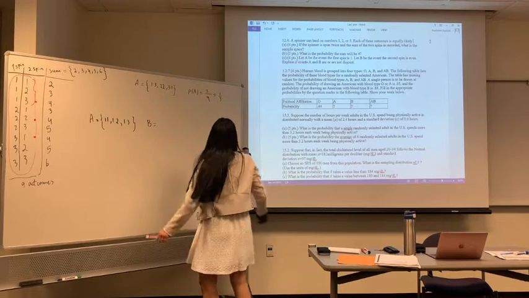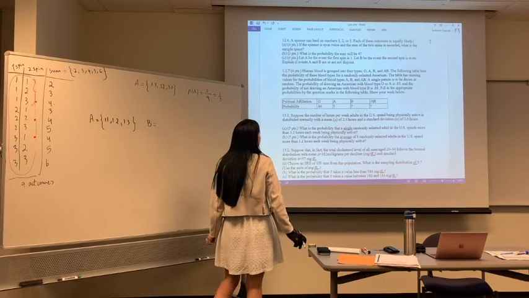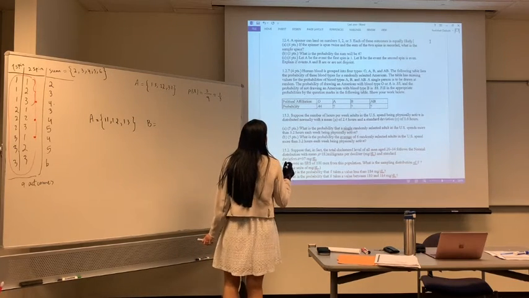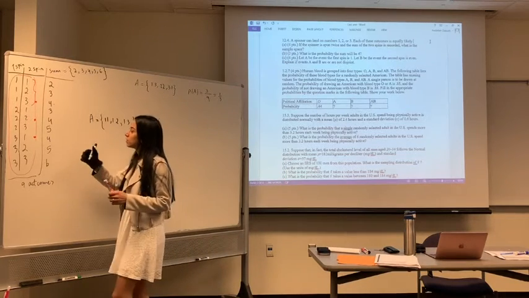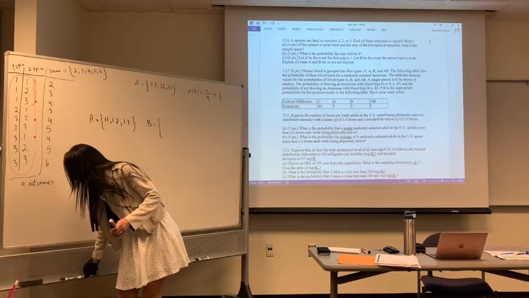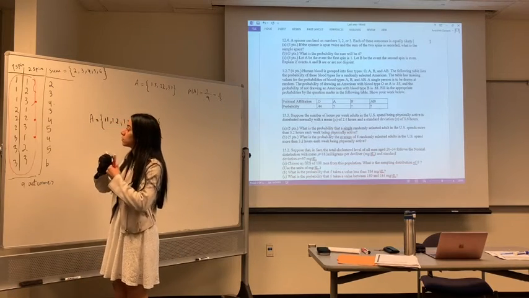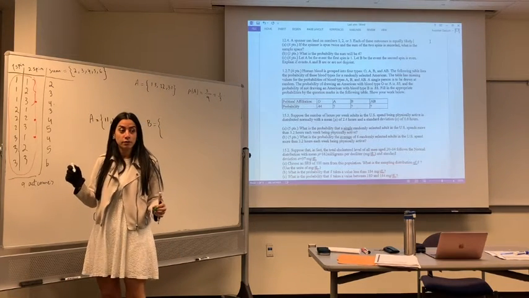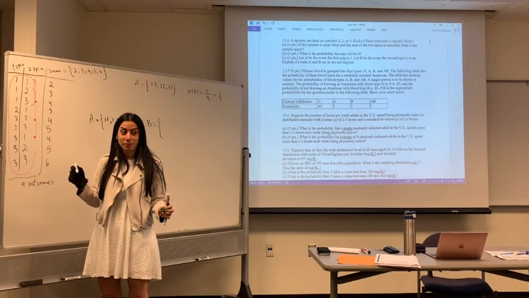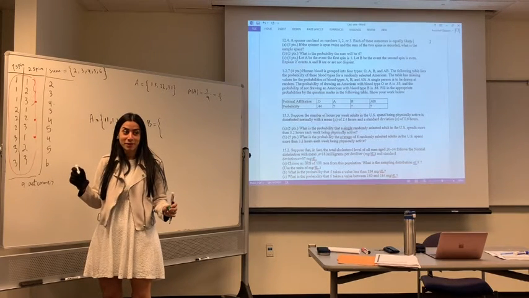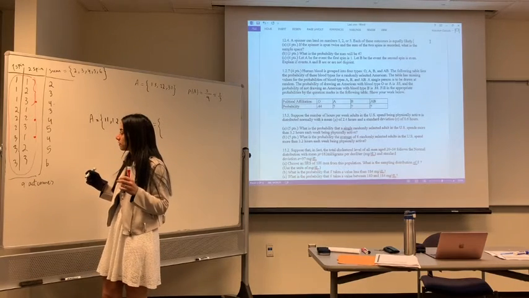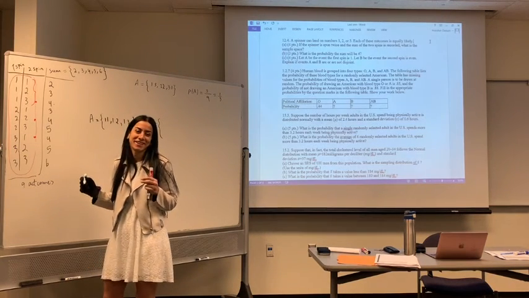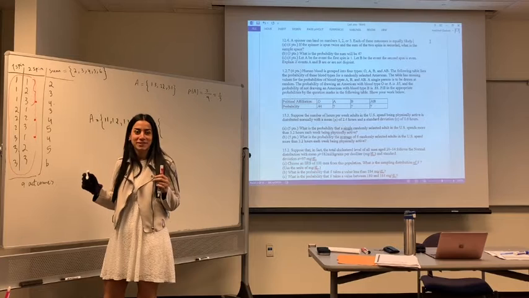And then it says B is the event that the second spin is an even number. Which one? 2,1? The second spin is an even number, and 1 is not an even number. It should be 2, 4. Sorry, just 2 on the second one, right?